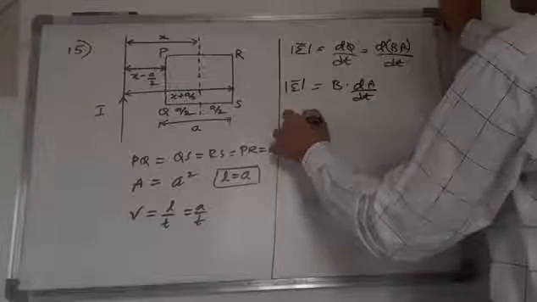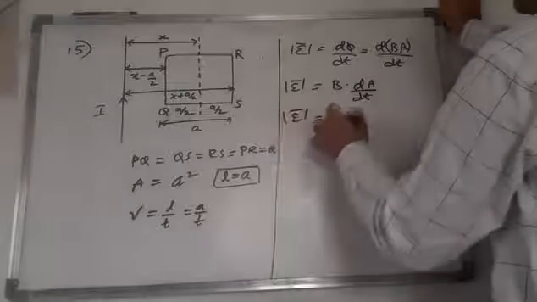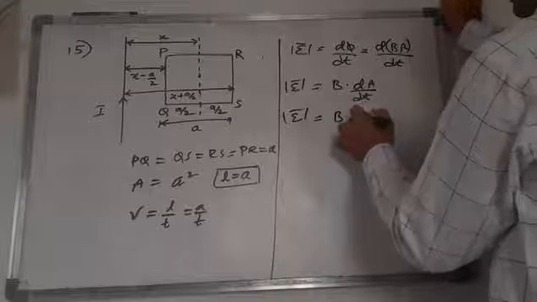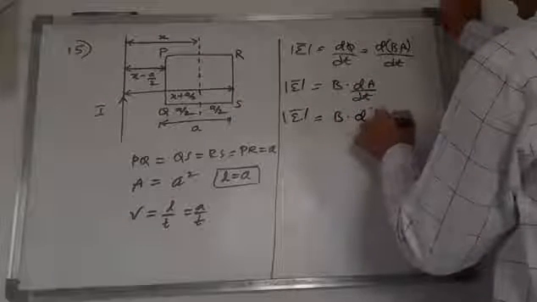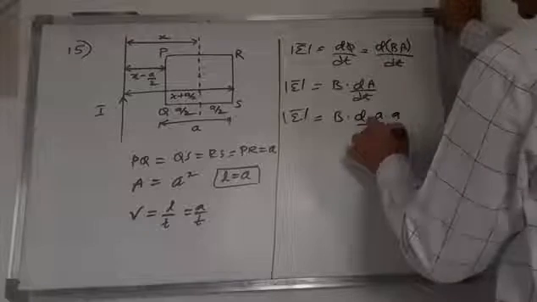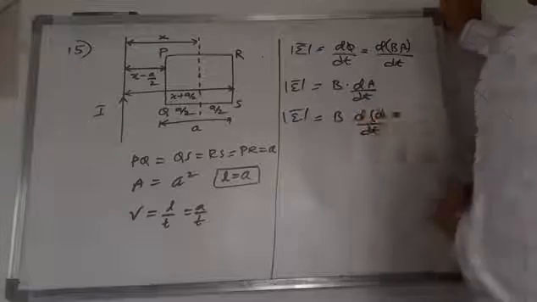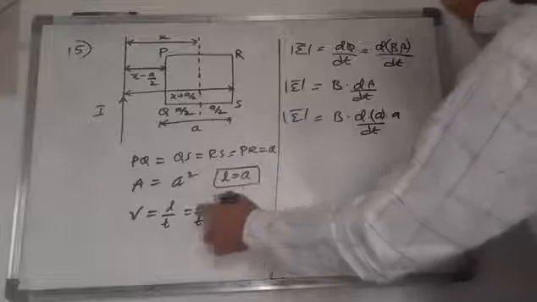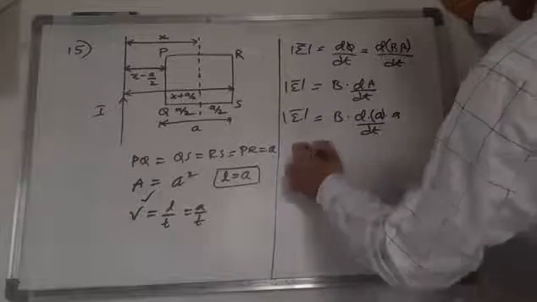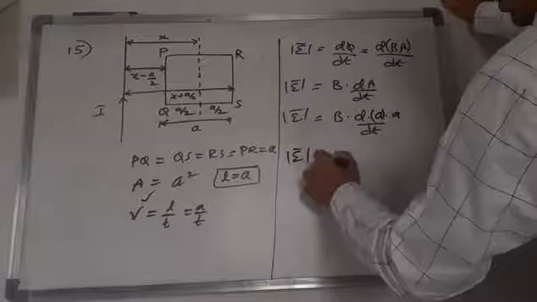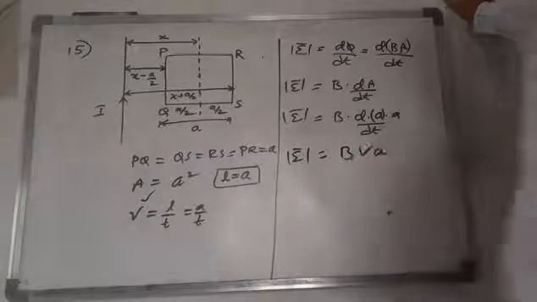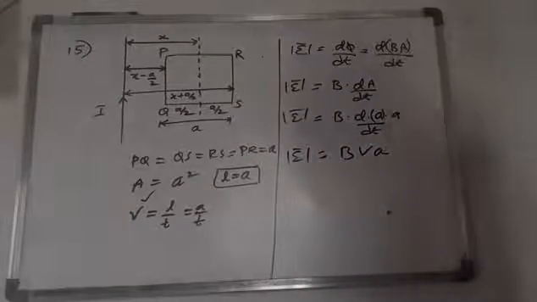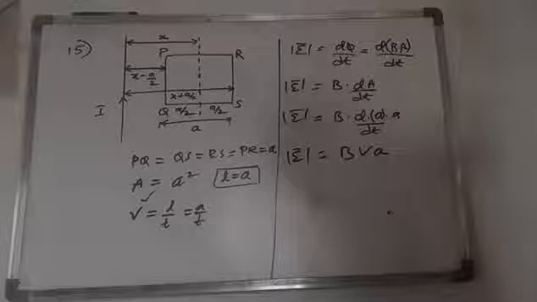Area we already know, so epsilon is equal to B into d(A) by dt. I am writing dA by dt separately because dA by dt is nothing but velocity, right? So epsilon must be equal to BVA, magnetic field induction into velocity into length of the side. Instead of BVL we are getting BVA.